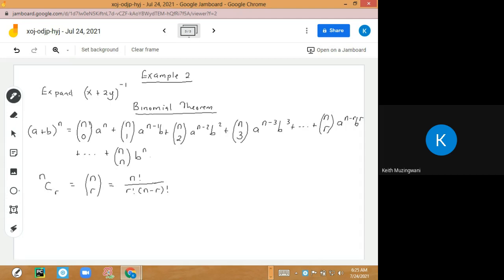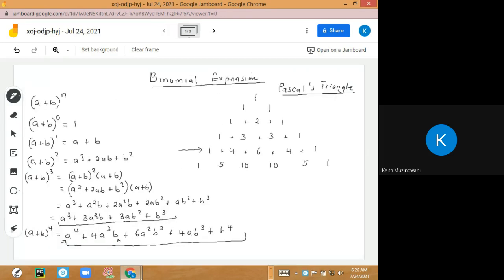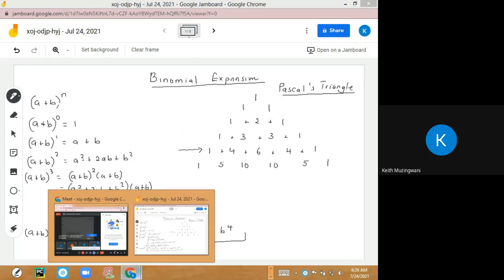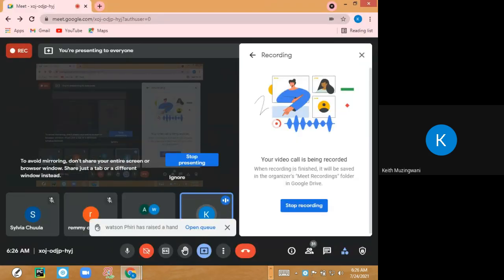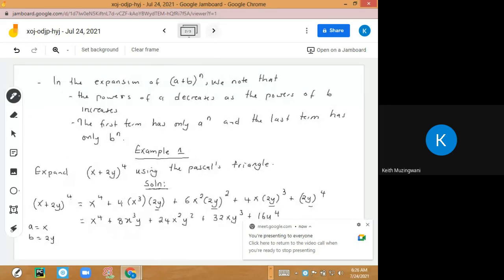The purpose of n choose r is to give us the coefficients that we obtain using Pascal's triangle. Pascal's triangle has already given us a pattern of the powers of a and b: the powers of a decrease as the powers of b increase.